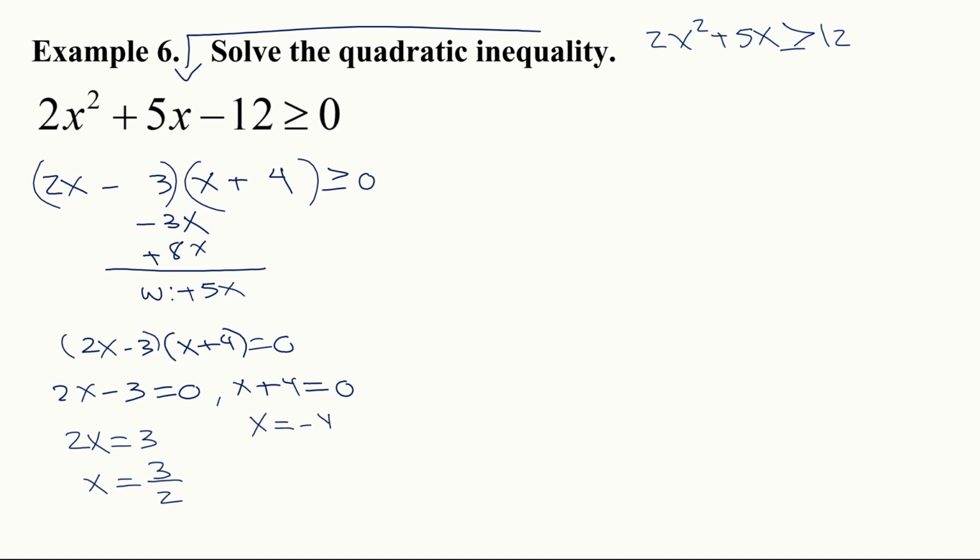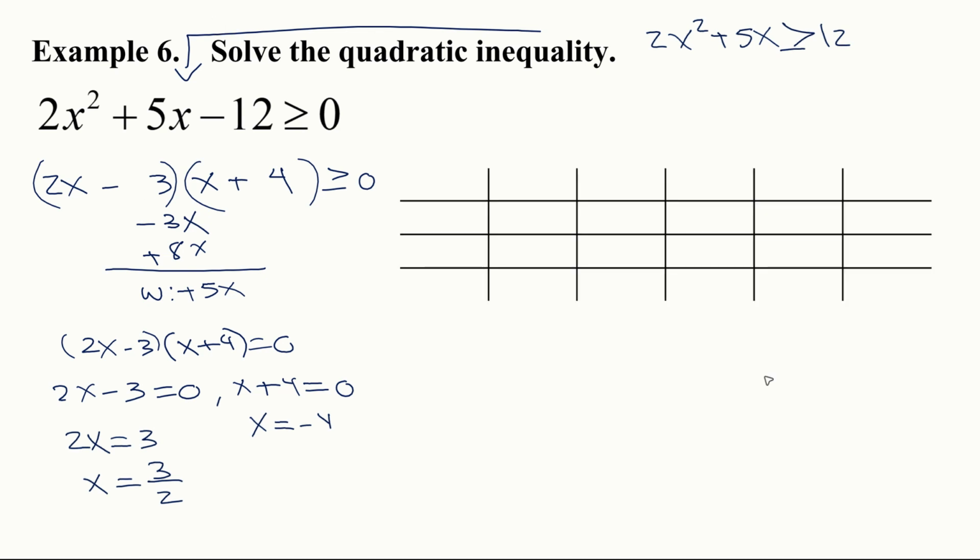Negative 4. All right, so when I do my table, those are going to be the points of interest. Basically we know that the two factors of interest are going to be 2x minus 3 and x plus 4, and the zeros of interest are negative 4 and 3/2.